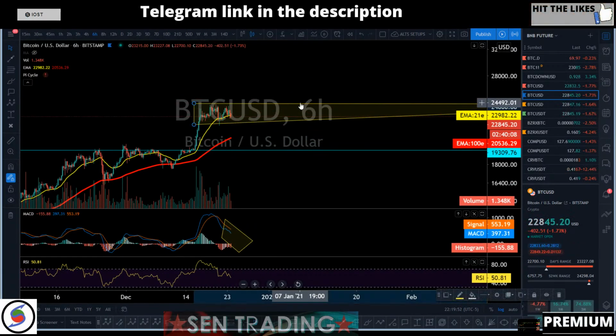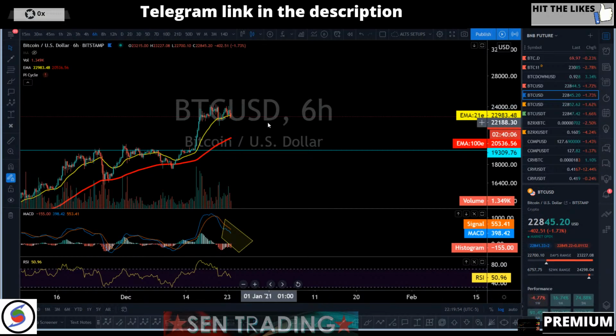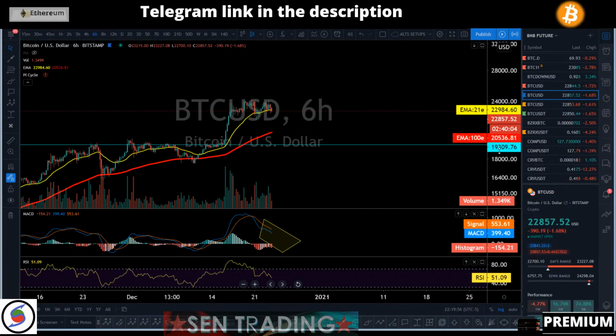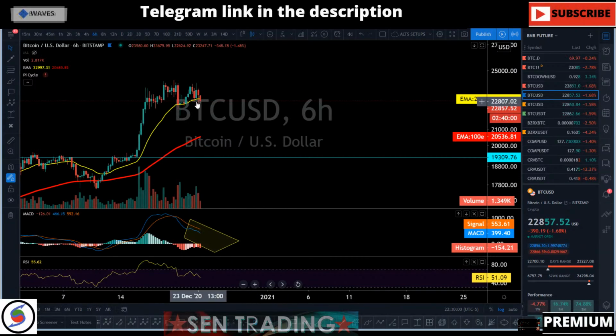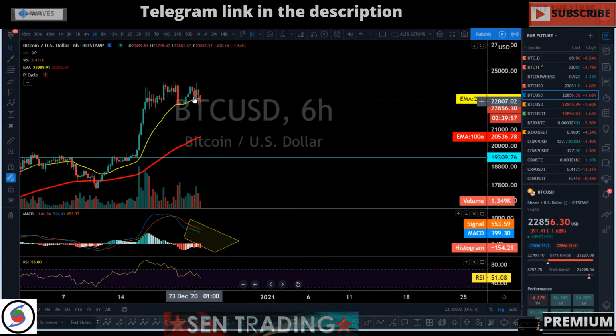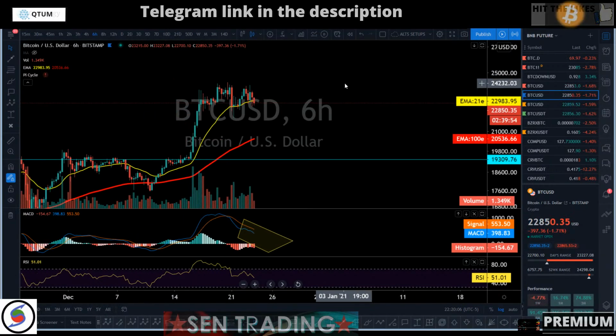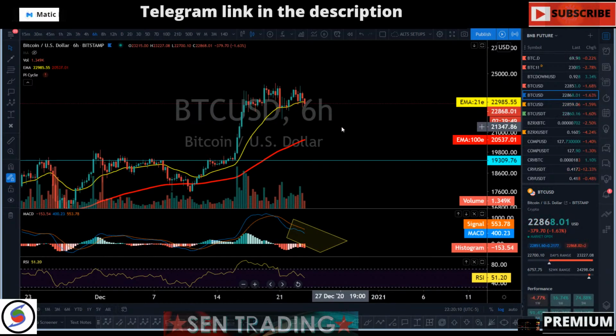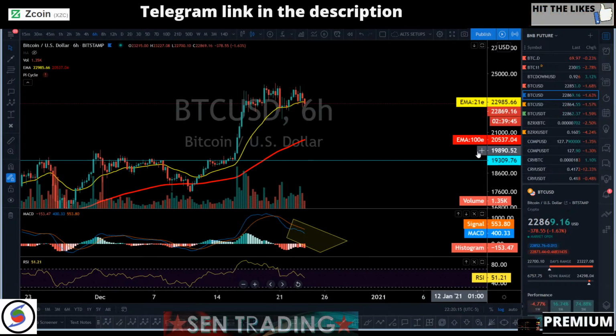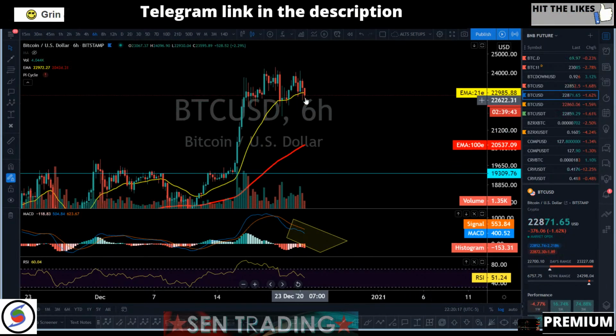And if bears do not break the 21 EMA, bulls most likely are going to try to retest the 24 and so on, right? However, we did talk about it over the last 24 to 48 hours, breaking below the 21 EMA on the 6-hour.